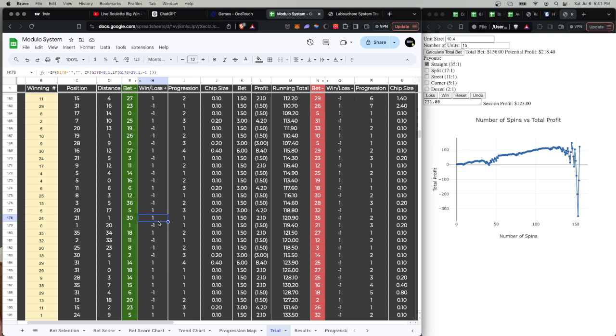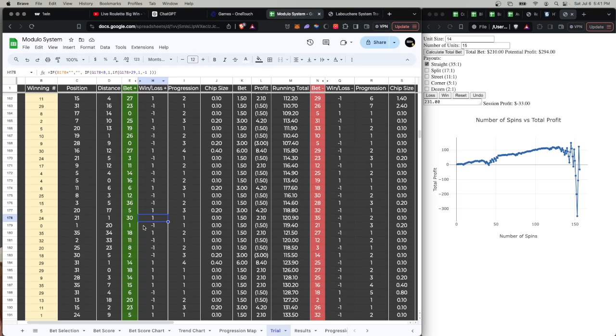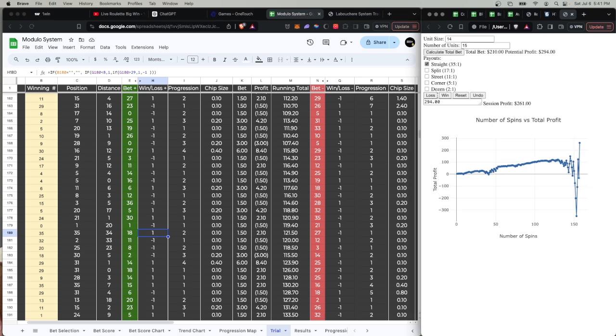It's a win-win. Get a loss. So now we're at 140. And loss, we get a win. Which shot us in the profit, 261 bucks.